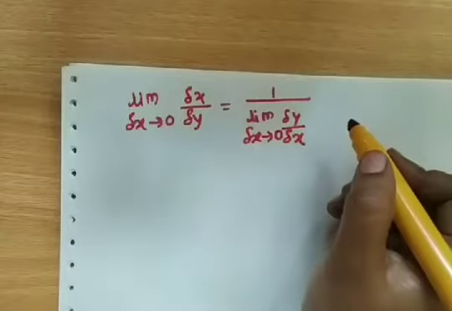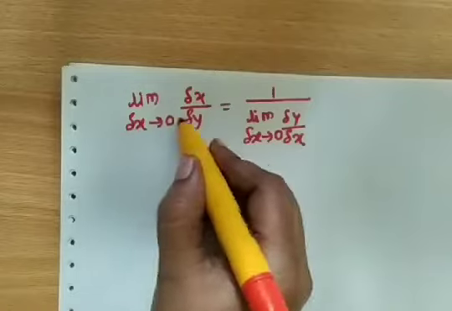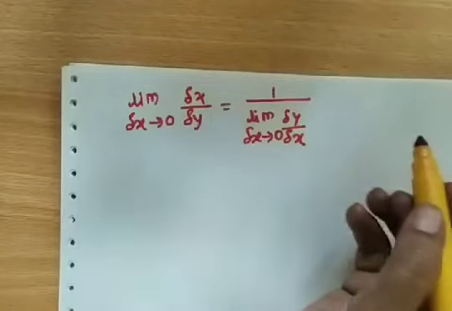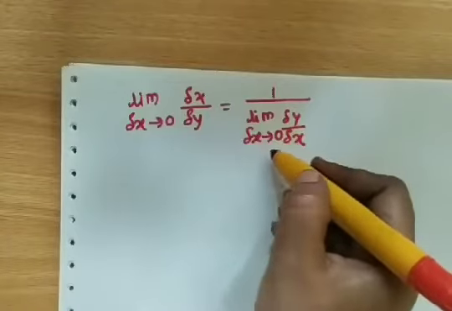See here on the left side, delta x is tending to 0, but the denominator is delta y. Here the denominator is delta x, we have to take the limit delta x tending to 0.